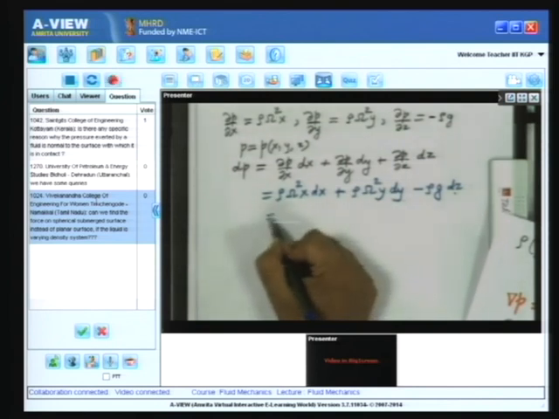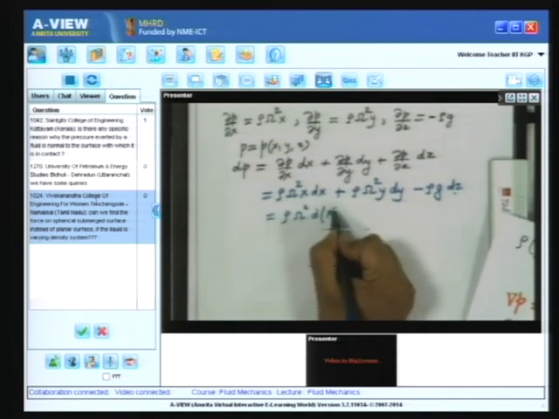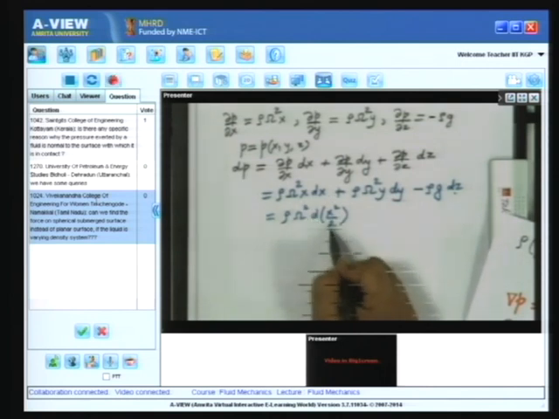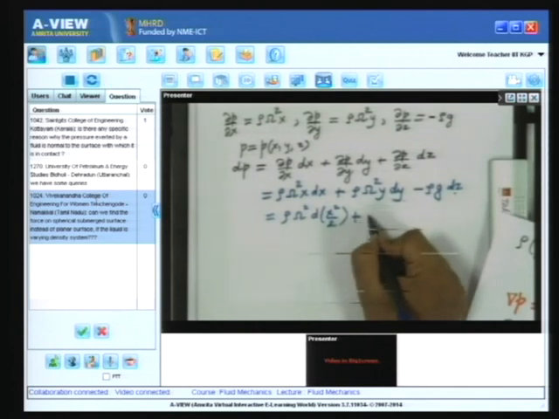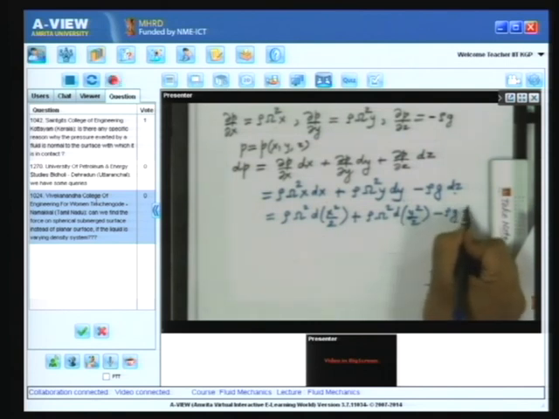Now, this I can write as rho omega squared d of x squared by 2. If you look at d of x squared, that is 2x dx. So, x dx I can write as d of x squared by 2. Similarly, this one I can write as rho omega squared d of y squared by 2 minus rho g dz.